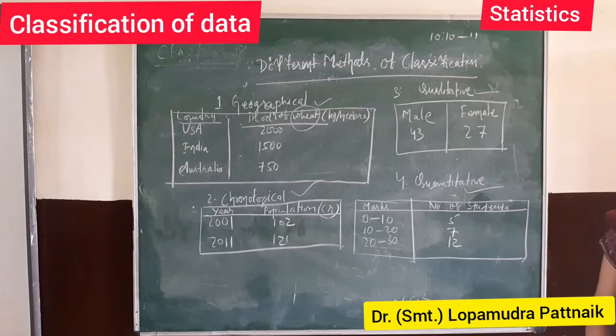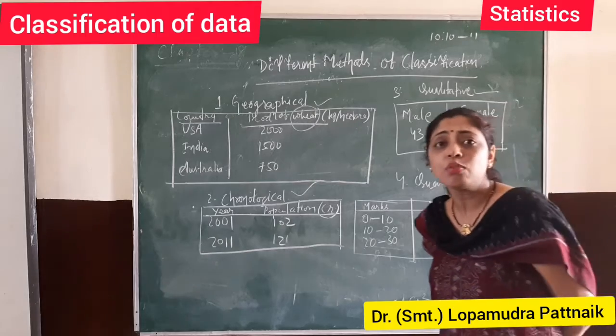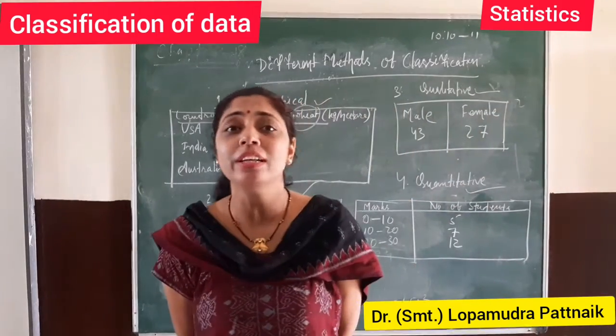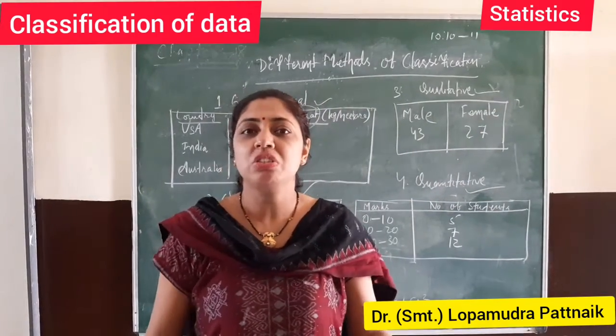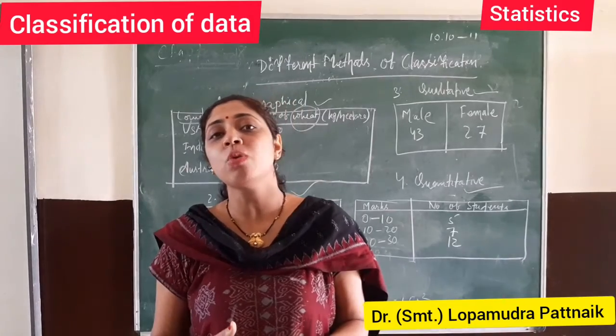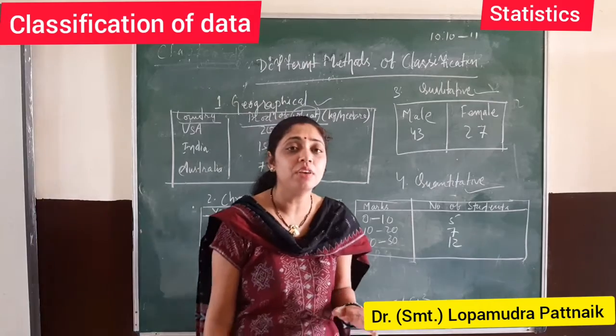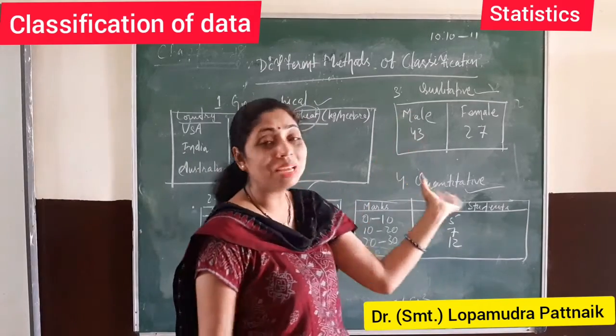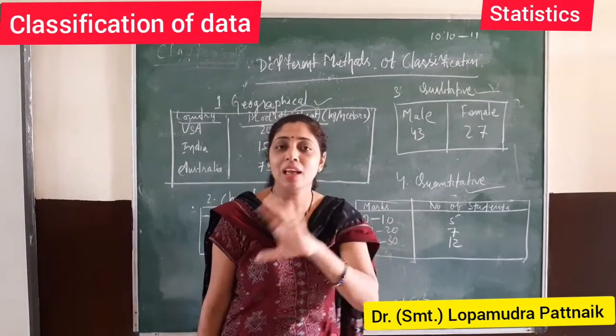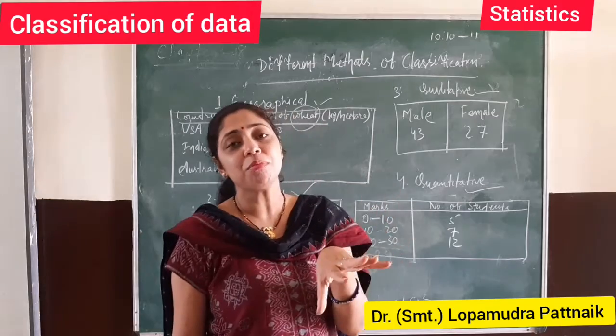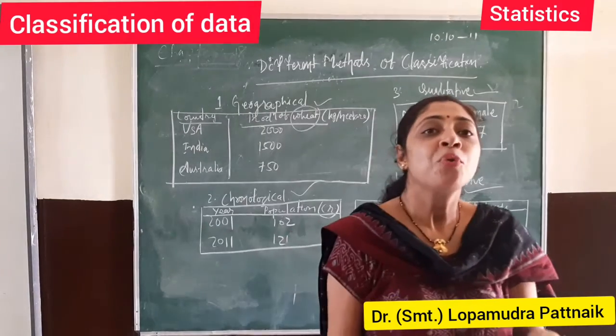Now certain things are there which cannot be told in an objective manner. Yes, no, or we cannot divide everything in quantity. Sometimes we need to divide it with the help of quality, like male and female. In such case, how many number of males are there? How many number of females are there?